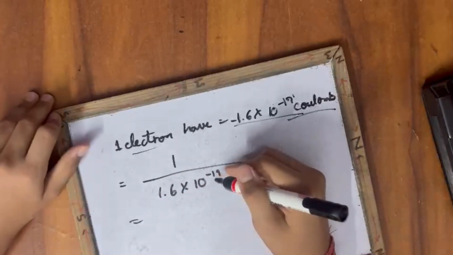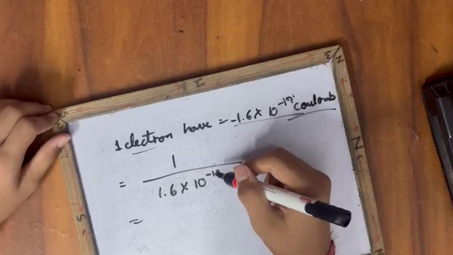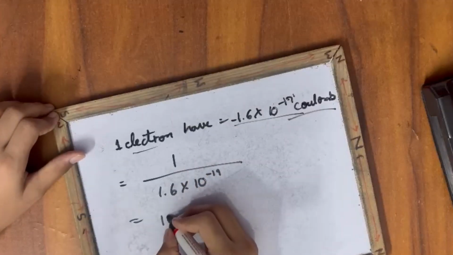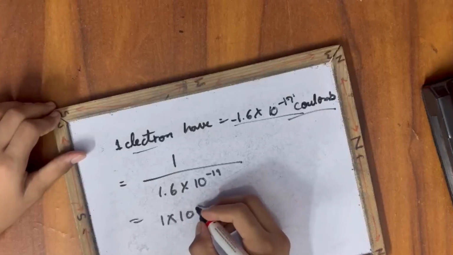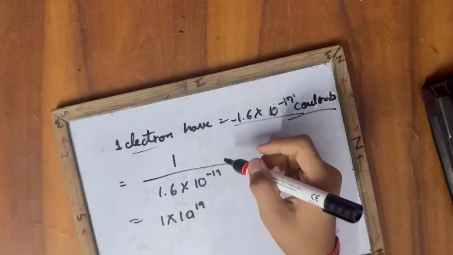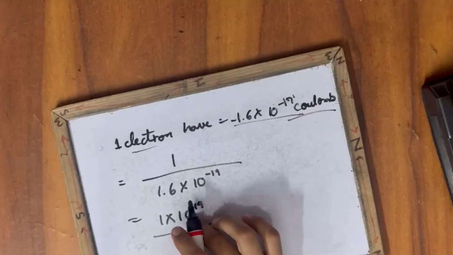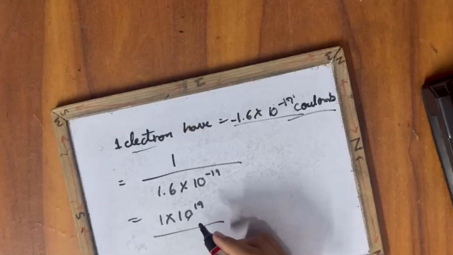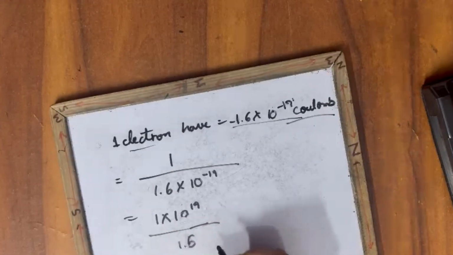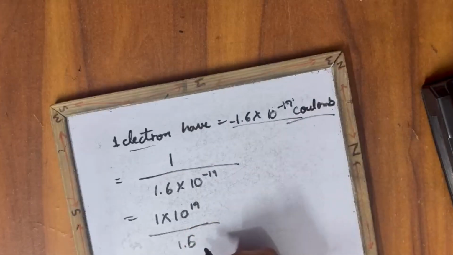Now we move the 10 raised to power minus 19 upwards. After that it will be 1 into 10 raised to 19, because minus changes into plus when it moves across, and the 1.6 stays below.